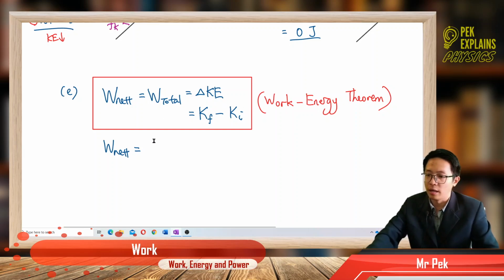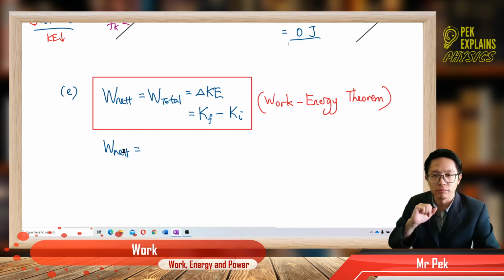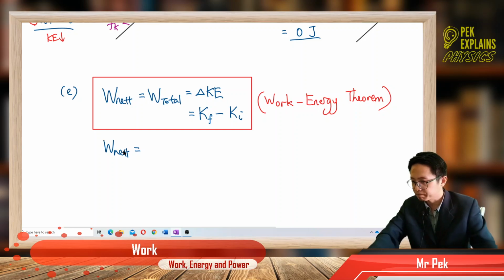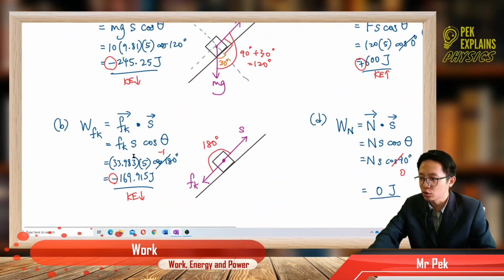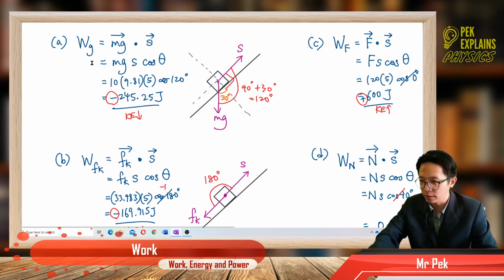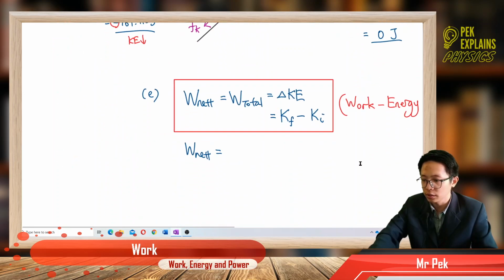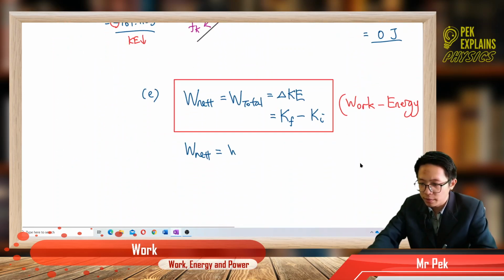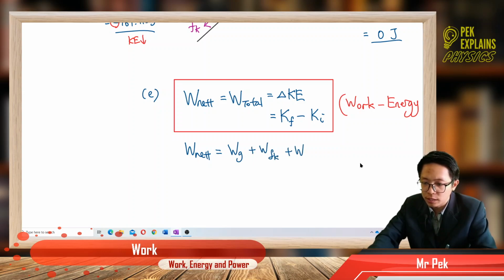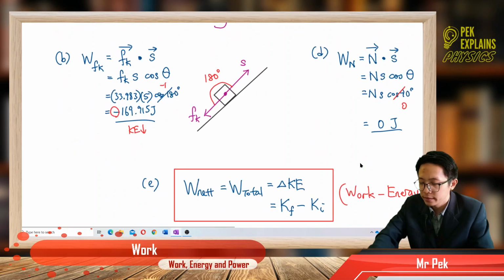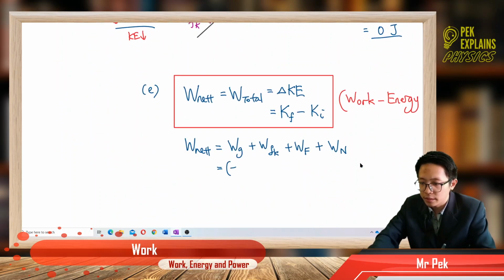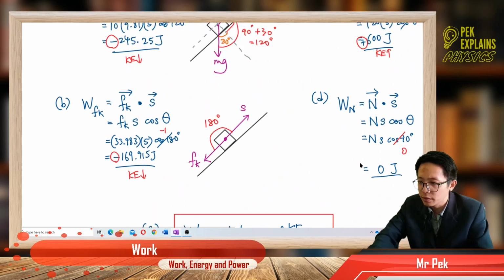First of all, let us find the net work done, or total work done. Total work done means we total up all the work done: work done by gravity, friction, external force, and normal force. So it's W gravity plus work done by friction plus work done by external force plus work done by the normal. We substitute all the information we got just now.